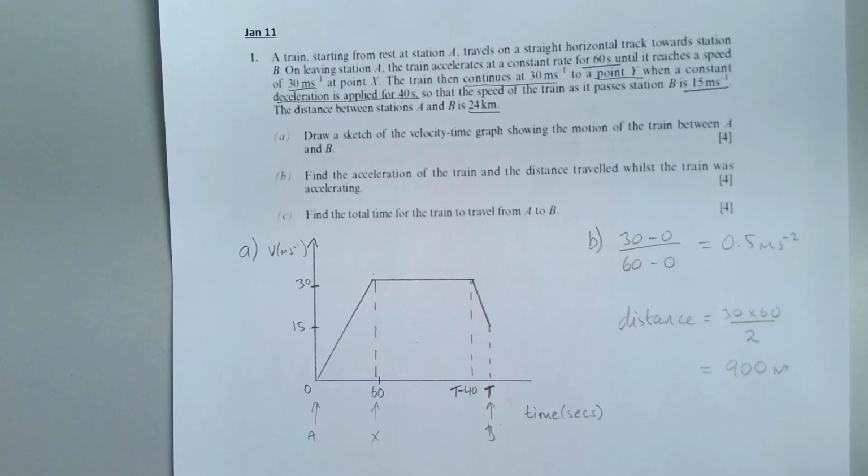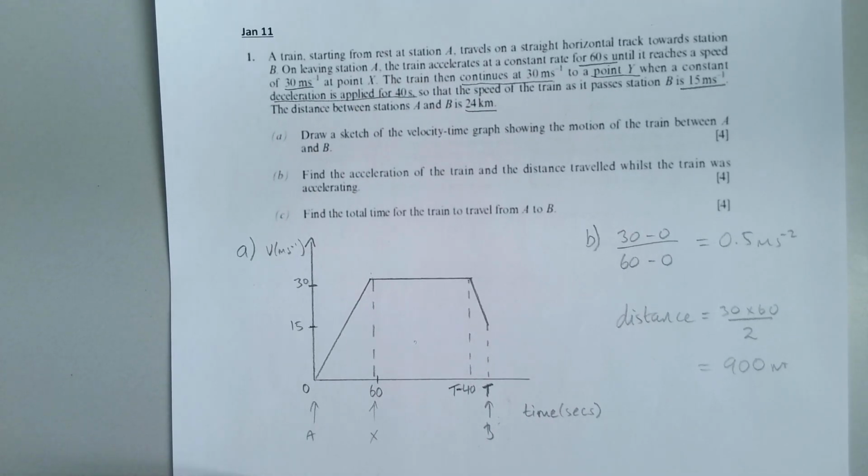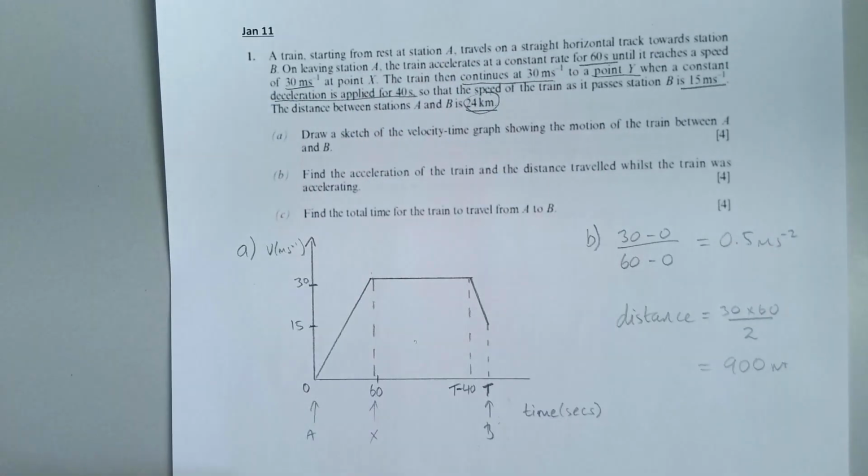Part C then, find the total time for the train to travel from A to B. Okay then, so the total time is going to be this value here, T. So we can use the fact that the distance between the stations is 24 kilometers, right?